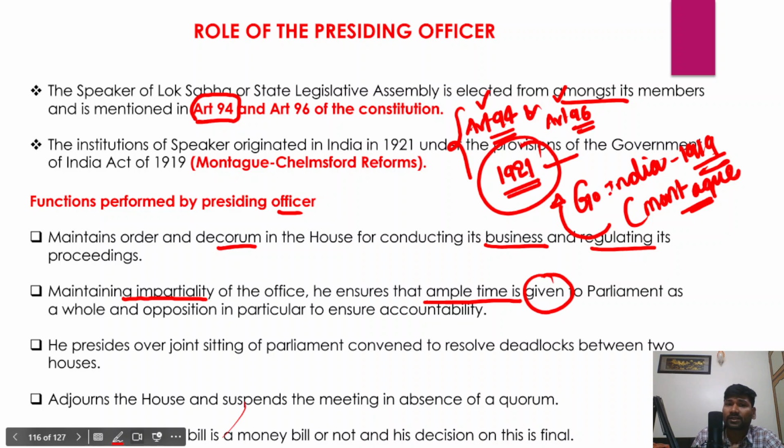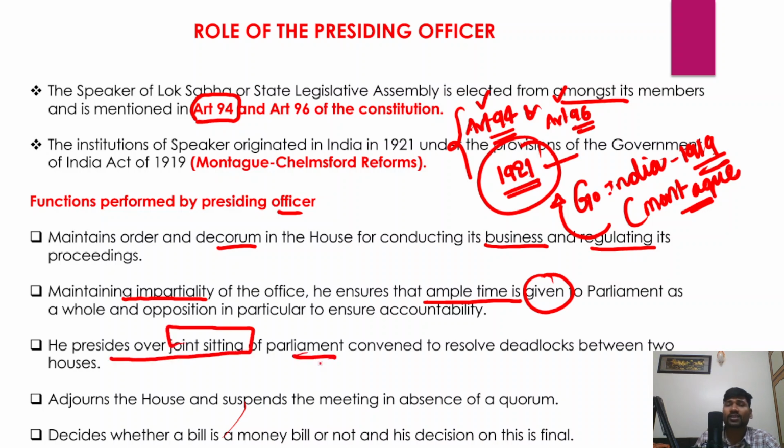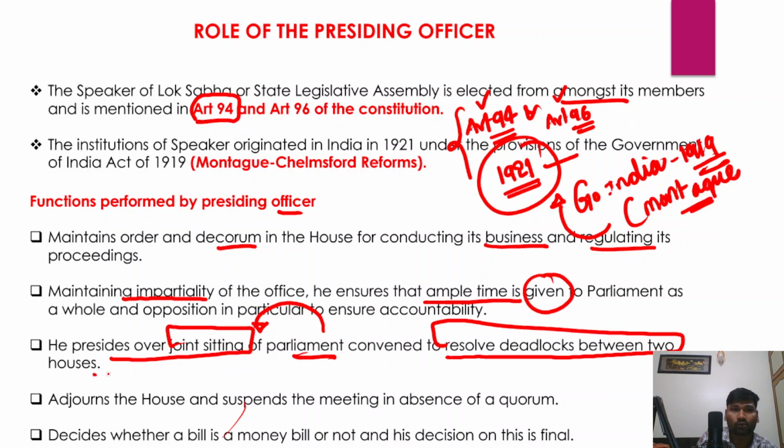He also plays a very important role in ensuring opposition political parties hold the government accountable. And he presides over the joint sitting of the parliament, which is constituted whenever there is a disagreement between both houses of the parliament. He presides over the joint sitting that is convened to resolve deadlocks between the two houses.